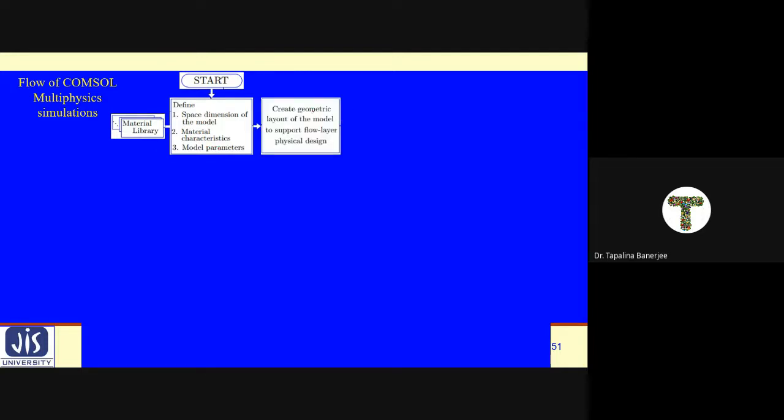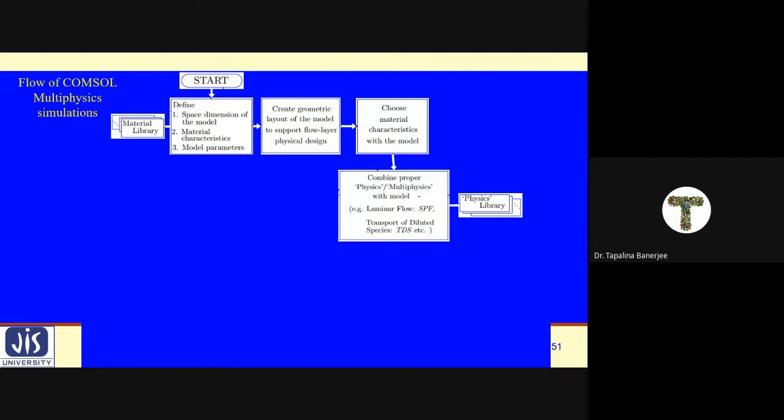Then we need to create the proper geometry of our flow model to support the flow layer physical design. Next, the material characteristics have to be chosen accordingly. After that, we need to take the physics library. We need to take the proper physics or multiphysics for our model.